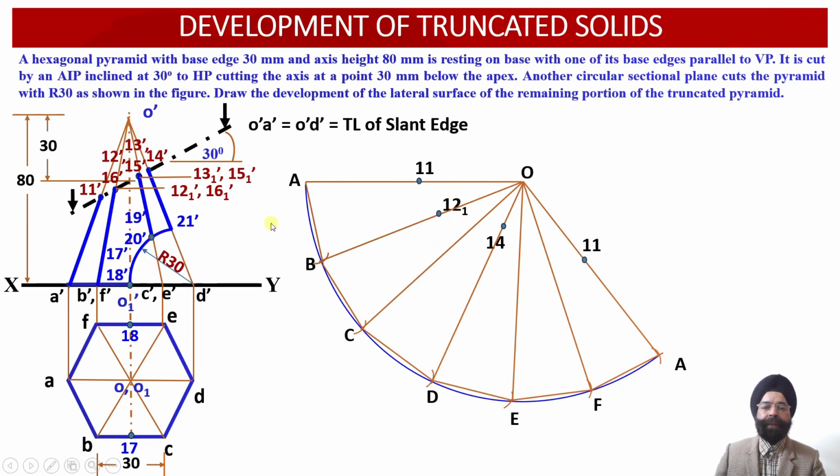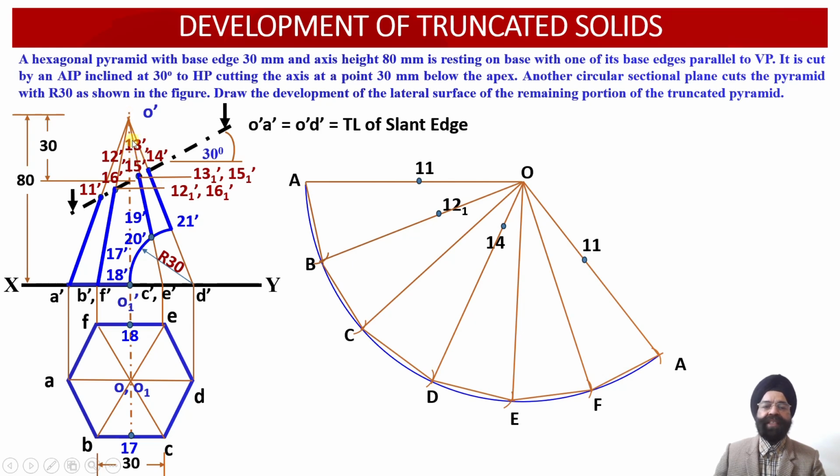So now we can check. Corresponding to the points 12 and 16, we are not going to measure the apparent length distance from point O dash.